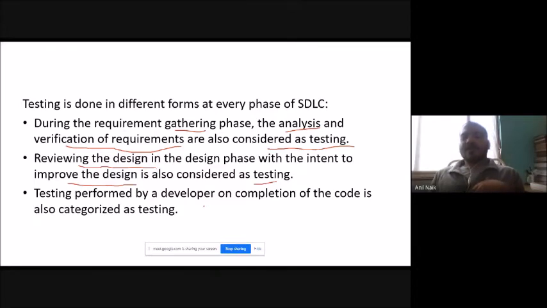Testing performed by the developer on completion of the code is also categorized as testing. Once the code is written and the developer is doing the testing, that is also considered as testing. So in the requirement phase also we do testing, like verification and validation of the requirements.